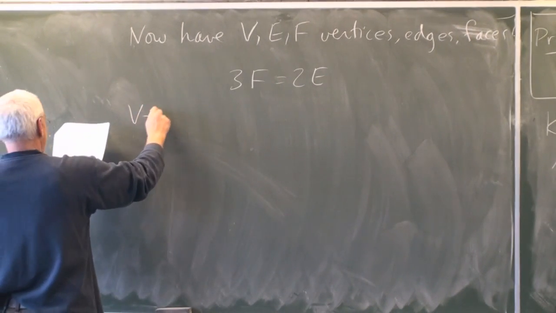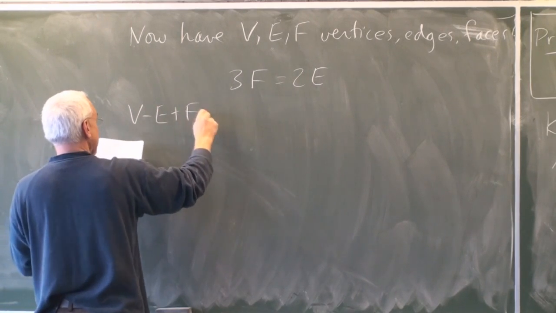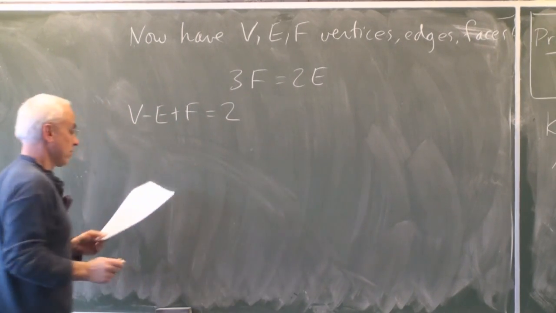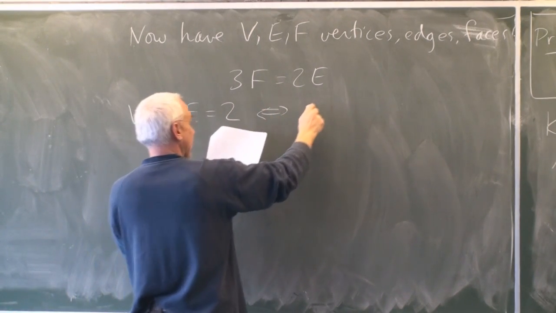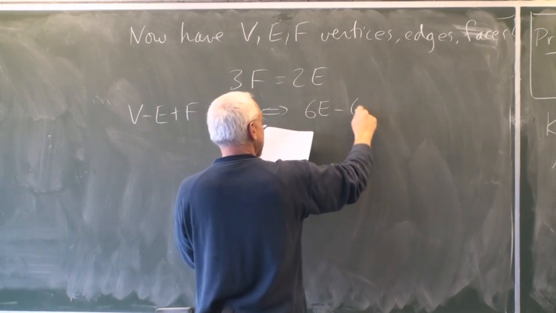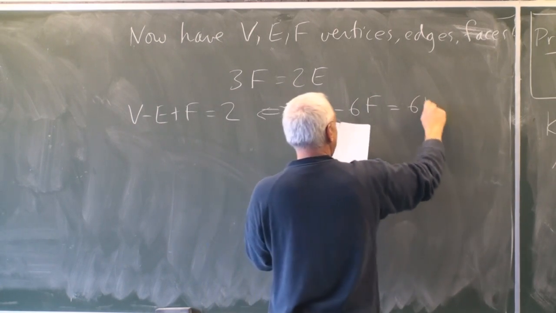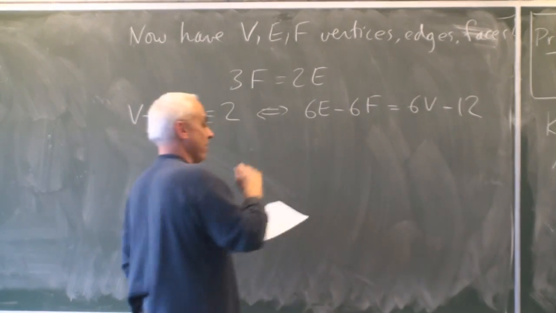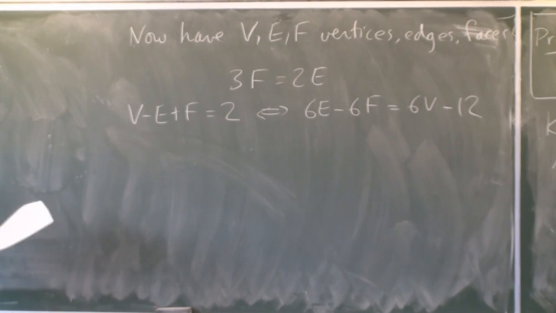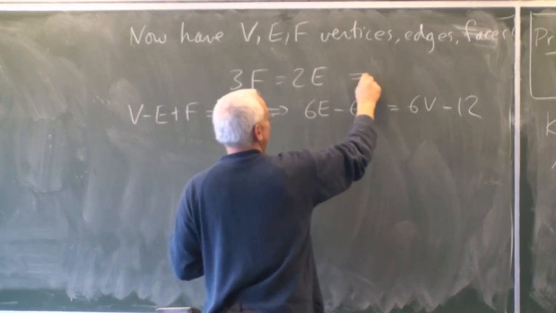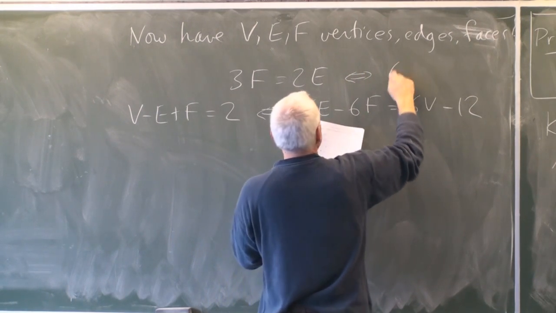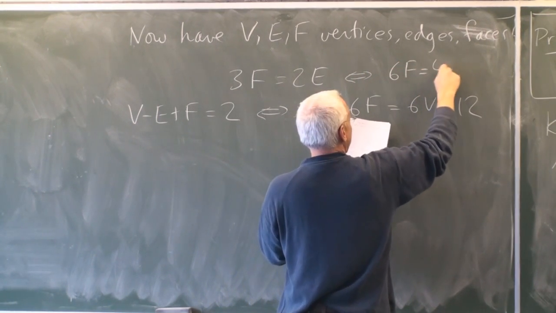And of course we know Euler's formula, V minus E plus F equals 2, which we'll rewrite for convenience as 6E minus 6F equals 6V minus 12. I'm just multiplying by 6 and rearranging. And now I'm going to replace, this is the same as saying that 6F is the same as 4E.